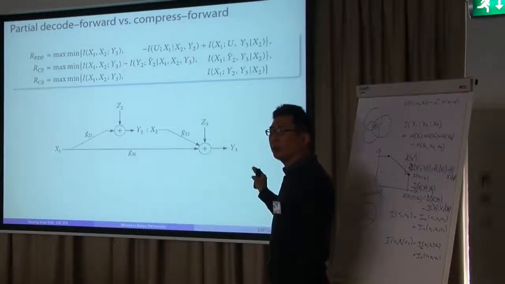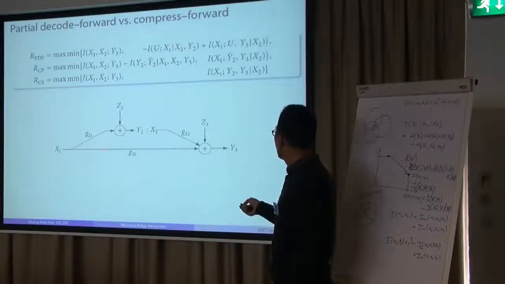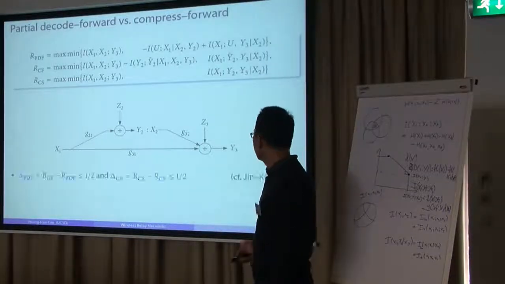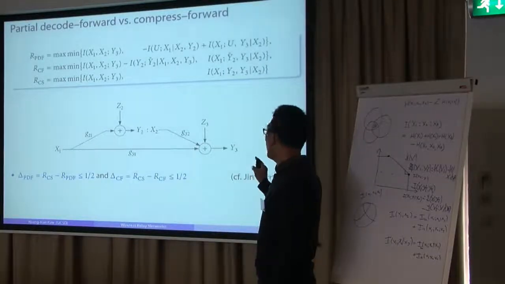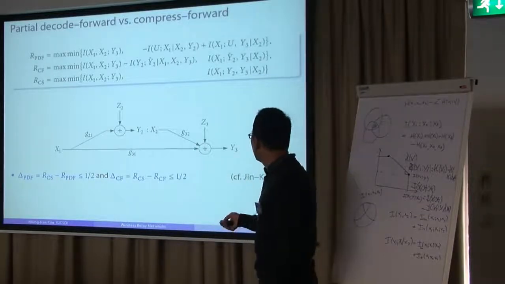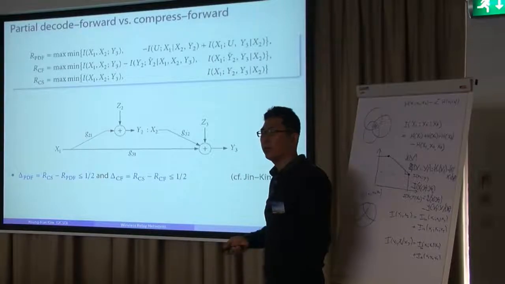And this is a very difficult channel to deal with, because for any case where the channel gains are non-zero, we don't know the capacity. So this is a difficult problem. But we know how to approximate the capacity fairly well. So here is a known result. Okay. The difference between the cut-set bound and partial decode forward is less than half. Okay.